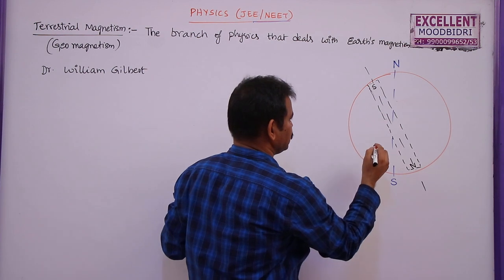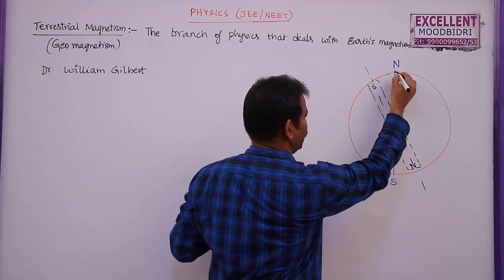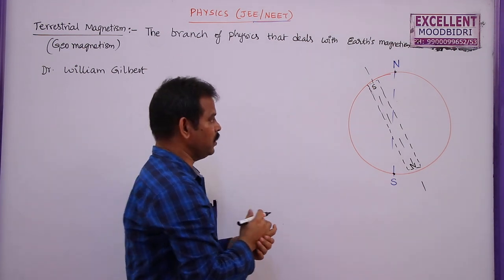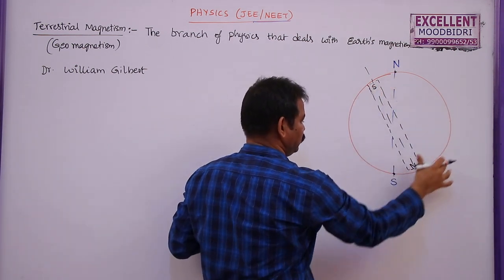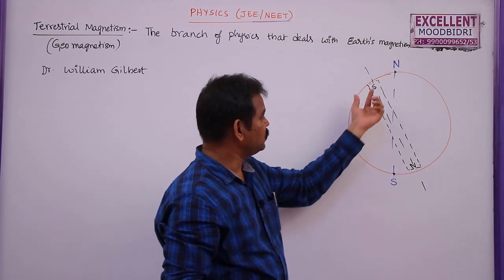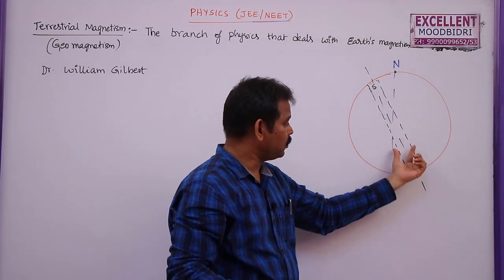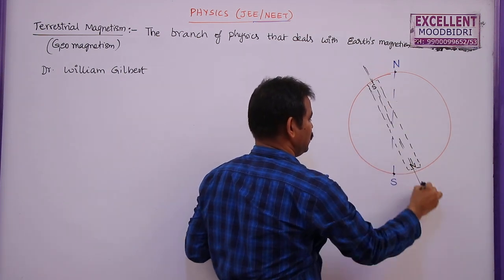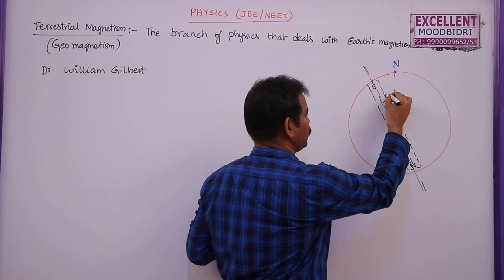After the studies, we found that this is the geometric north pole and this is the geometric south pole. As Earth behaves as a bar magnet, the bar magnet assumed to be inside the Earth makes some angle theta with the geometric meridian.